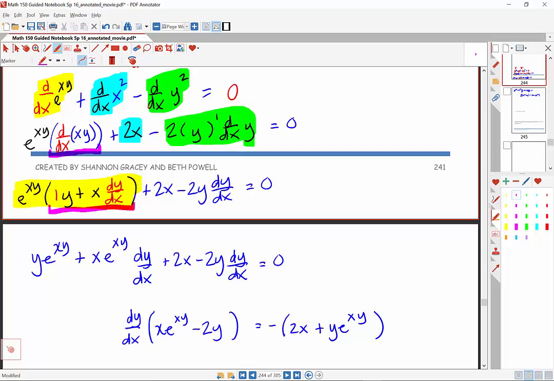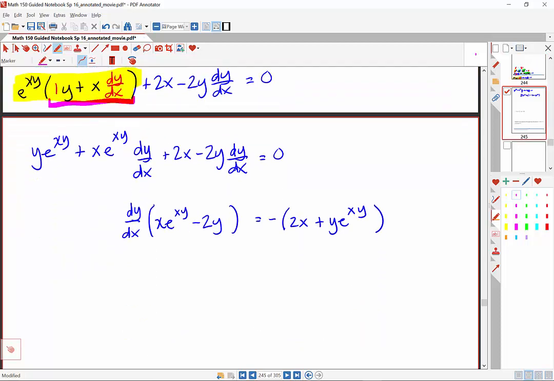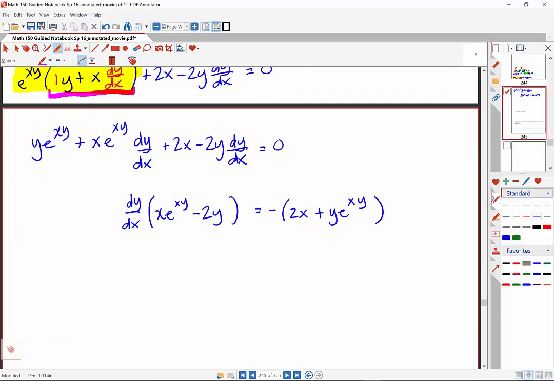All right. So now, moving back, we will have dy dx is equal to negative 2x plus y e to the xy divided by x e to the xy minus 2y.